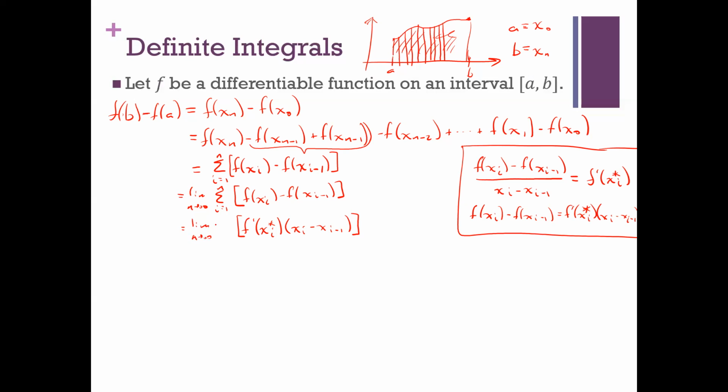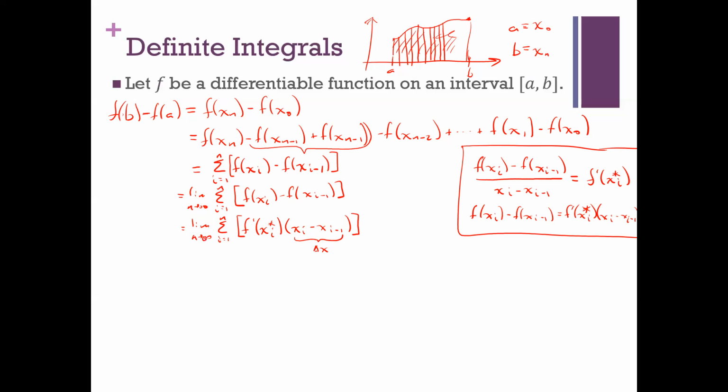So now what I have is a Riemann sum with some delta x. I'm adding together all these products of some function evaluated at some point, multiplied by all these delta x's. And I'm limiting that. I want n to get arbitrarily large.